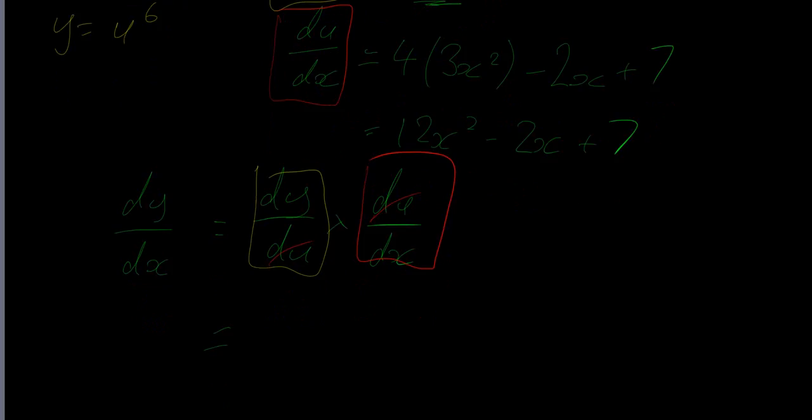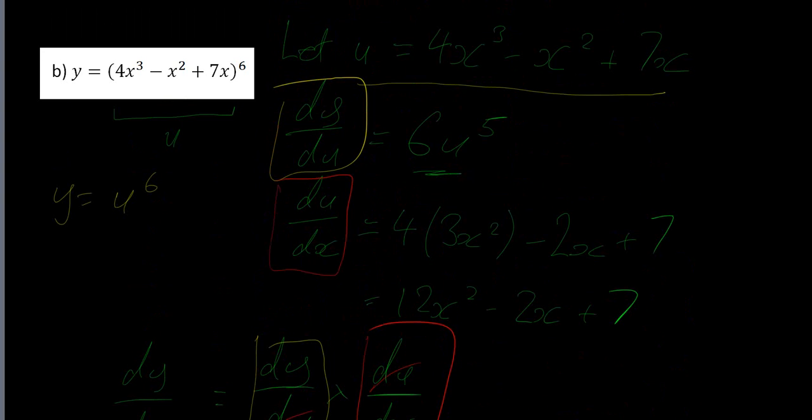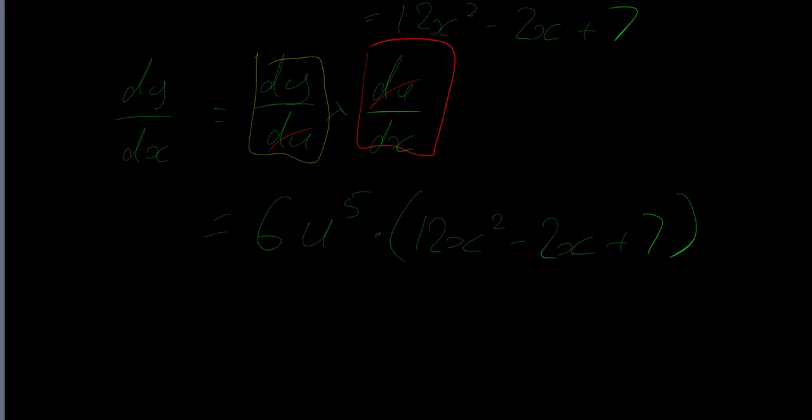6u to the power of 5, so 6u to the power of 5 multiplied by 12x squared minus 2x plus 7. We know u is actually just a placeholder for something. That something is 4x cubed minus x squared plus 7x. So we're going to plug that back in.